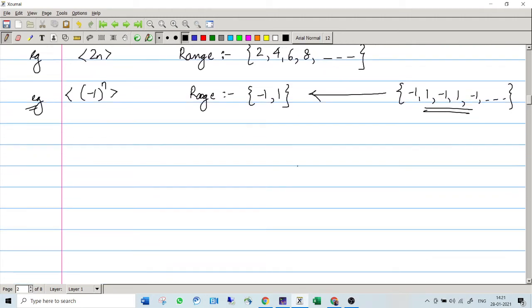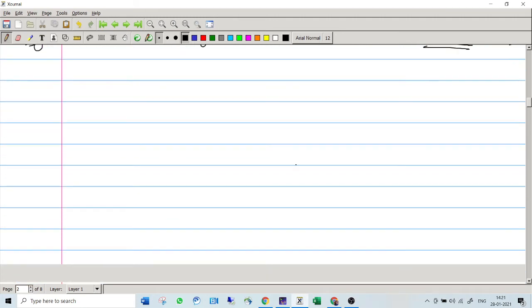Next, we have bounds over the sequence. Bound over a sequence means we're trying to look for in what manner the terms of the sequence will be bounded. Means you're trying to bound them with some numbers. So bounds of the sequence.